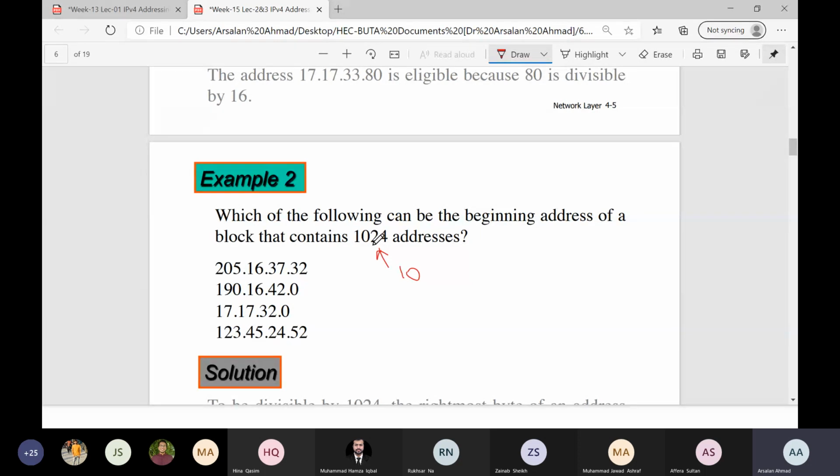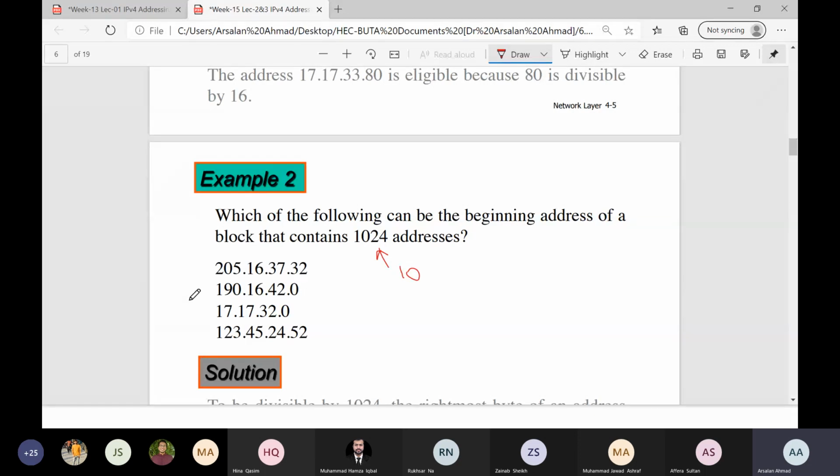Okay, the short version, if you want to do it by staying in decimal, how will you proceed? To be evenly divisible by 1024, definitely the last octet should be 0.